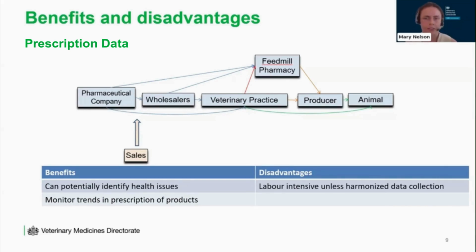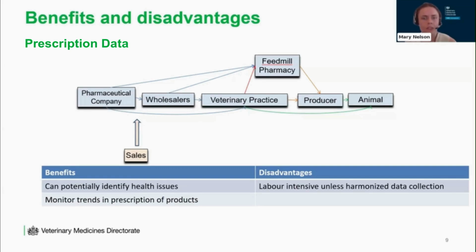This can assist animal health initiatives to improve welfare or reduce disease prevalence within the sectors and therefore reduce antibiotic use. However, this type of data can be labor intensive because you're collecting data from multiple different sources. Veterinary practices might have different software, different systems, and different ways of recording, so the data is unharmonized, and that can slow the process.